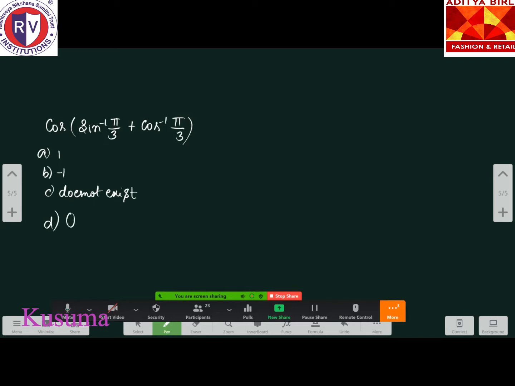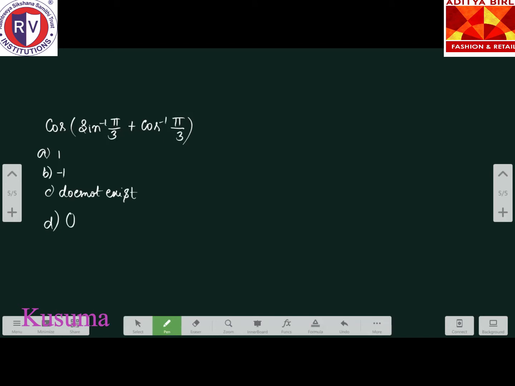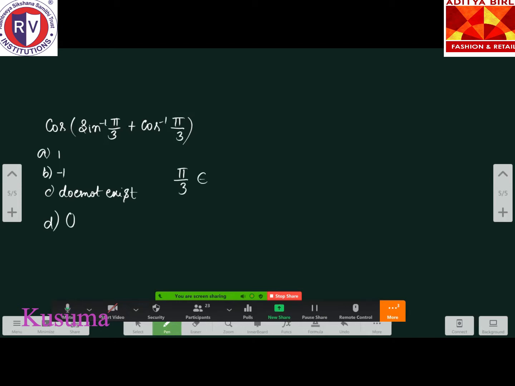Ma'am, option C. Does not exist. Why? Ma'am, because there is nothing known as sine inverse π/3. It will only be the value sine inverse 1 or sine inverse 1/2. Very good. So sine inverse π/3 can't be found because π/3 is not a point among -1 to 1, right? π/3 does not belong to the interval [-1, 1].